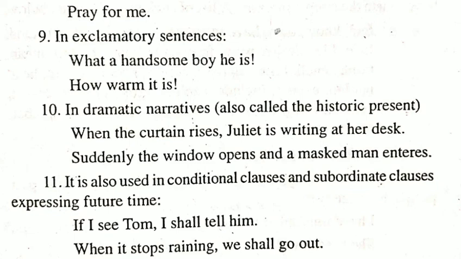What a handsome boy he is. This is a sentence which is expressed as exclamatory. How warm it is. In these sentences, simple present tense is used. So you can see in the first sentence, what a handsome boy he is, then how warm it is.